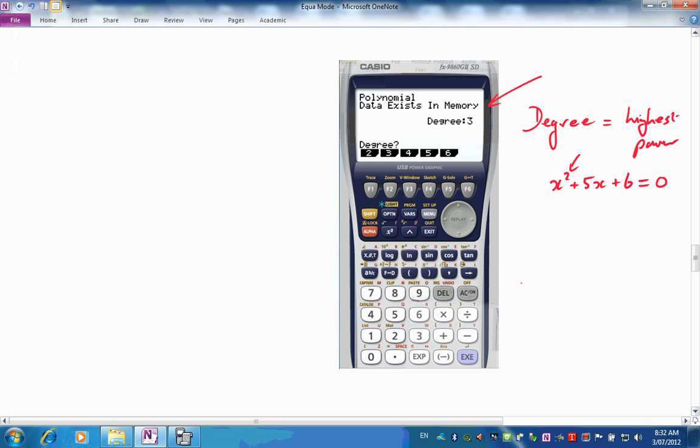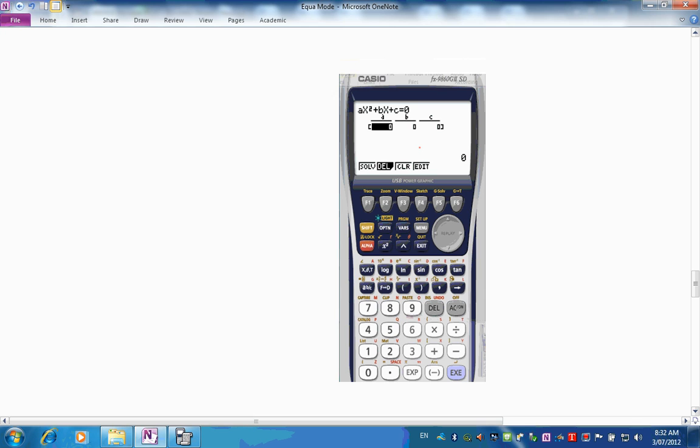And so let's choose that by hitting F1. And so if you do that now, there we have a similar entry from before, asking us for the number of x squareds, number of x's, and the constant. So let's have a look at what we will do. So let's write our equation out again in the same way.